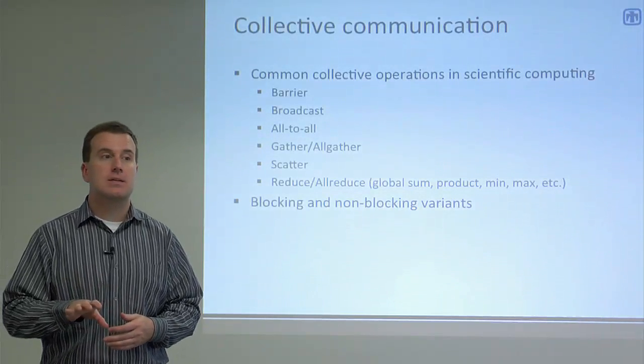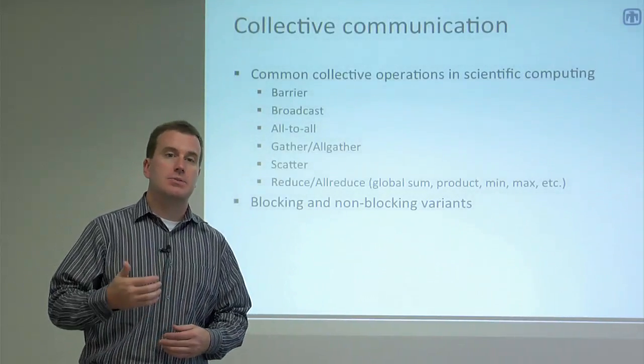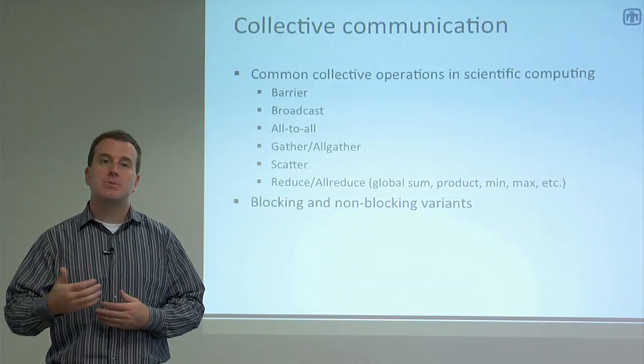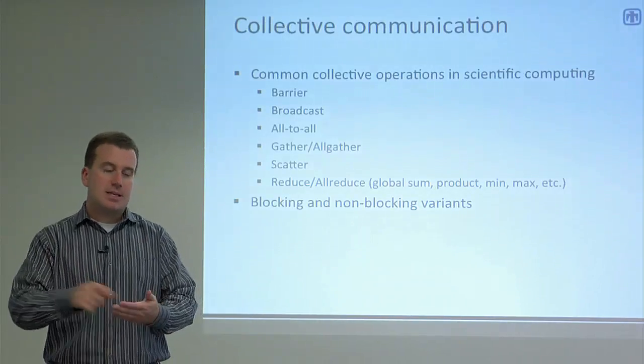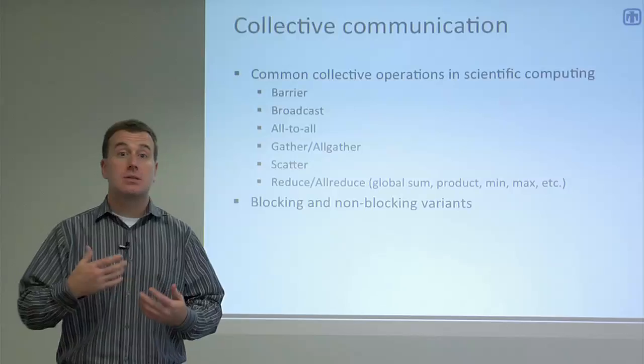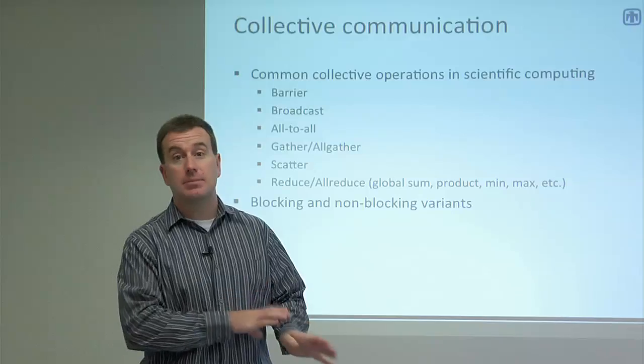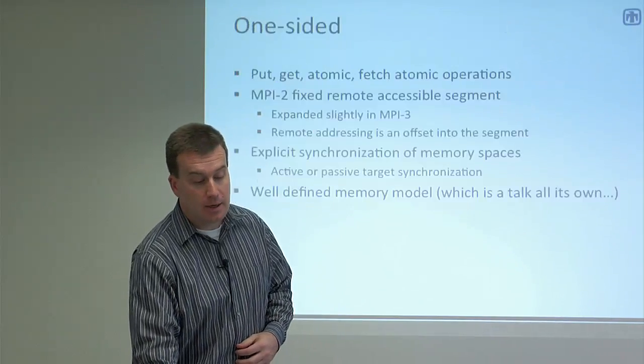So you may see negative tags flying across the wire, and it can confuse. We've had a couple of times where people will come and say, why do we see these negative tags flying across the wire? This has to be a bug, right? And no, it's a collective operation occurring. So for the most part, you don't have to worry about them unless you're trying to use MPI.